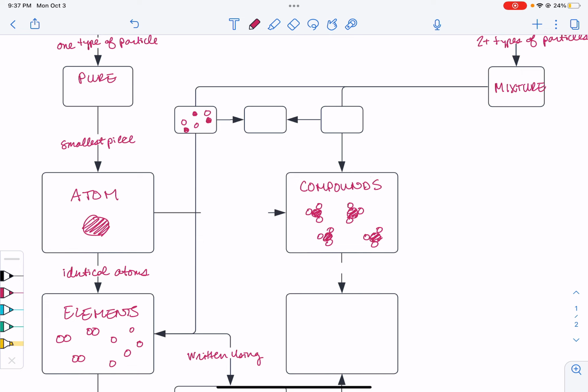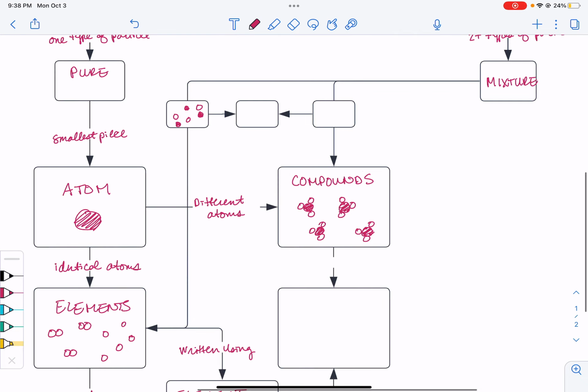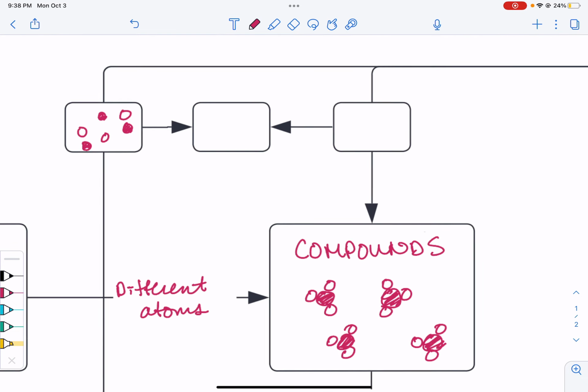You can have pure compounds, but that's when you have different atoms combined. You can have mixtures of compounds, where you have two different types of compounds in one space, which would give you a mixture of two compounds.